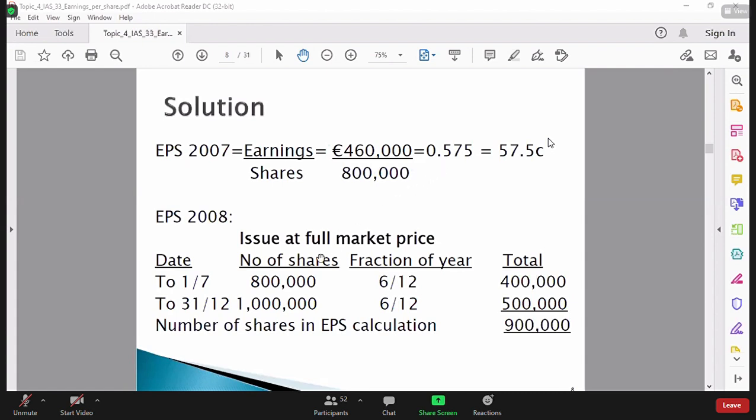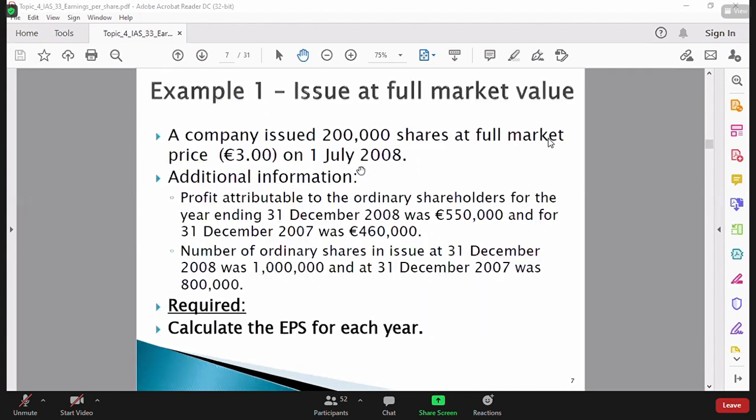Okay. And then on the EPS for 2008, you see here, this is what I meant. A company issued 200,000. It's okay, you make mistakes. I deliberately asked you to calculate to get the mistakes. There is an increase in the number of shares by 200,000 for the accounting period 2008.